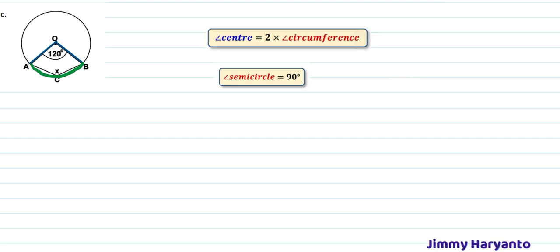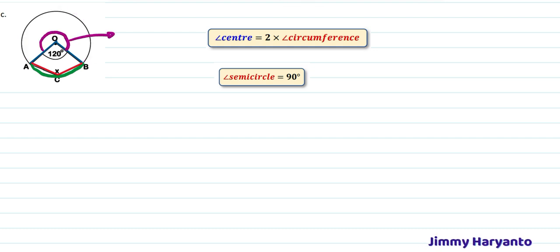Okay, for the angle at the circumference, this one is the angle at the circumference, obviously, because it touches the circle, but unfortunately for this one, it's facing AB but in the opposite way, so they are not corresponding. To make it corresponding, I will use this angle at the center.